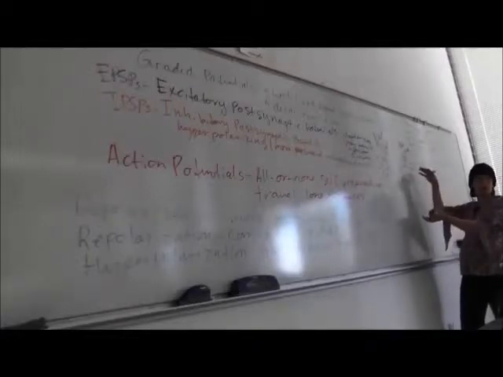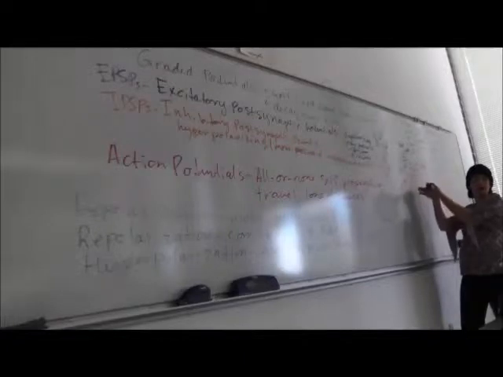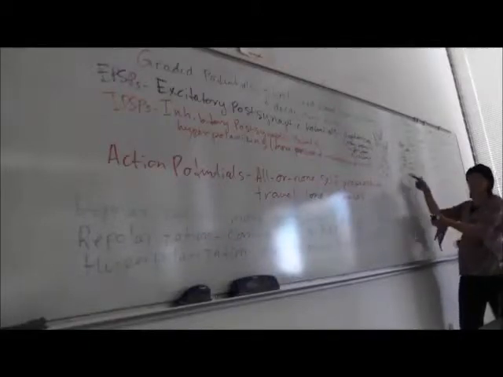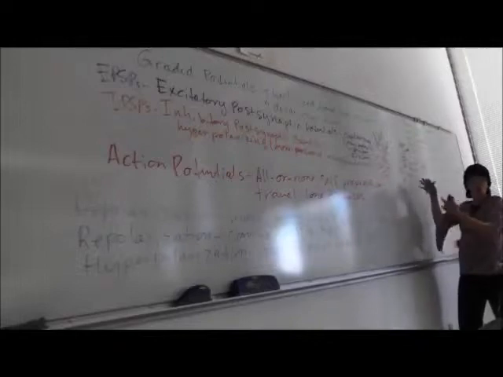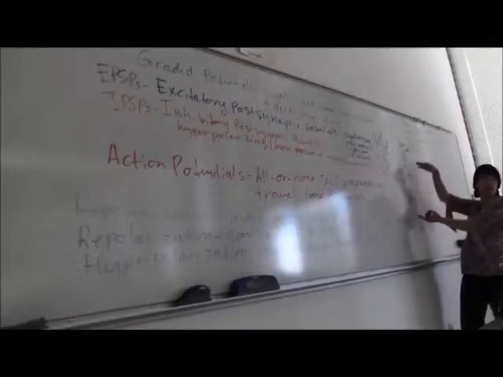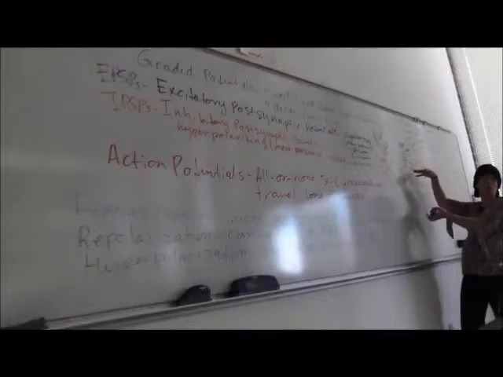So we're going to move in the positive direction and make that polarization less. We're depolarizing because we're bringing the poles closer together. When we repolarize, we're coming back to rest and separating our charges again. When we hyperpolarize, we're making this even bigger. We're making the difference even bigger, polarizing them even more.